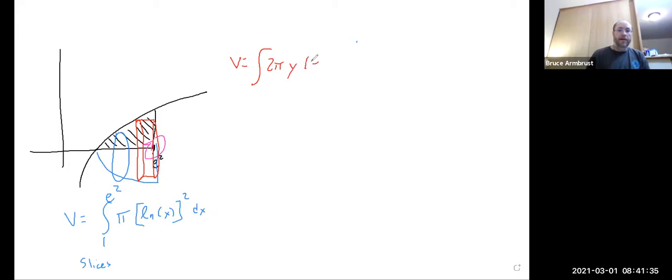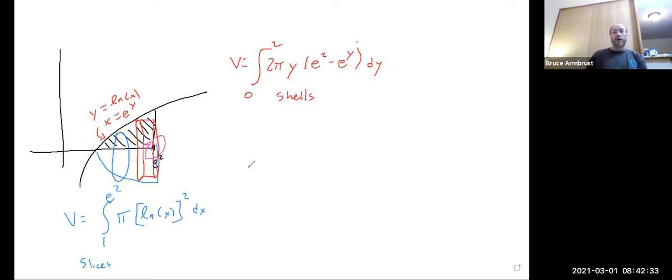The height, that's e squared minus e to the y. Because if this is y equals natural log of x, if you solve it for x, it's x equals e to the y. So the height of that cylindrical shell is going to go from e squared down to e to the y. So there's our 2 pi RH, and then we need a dy. And then the bounds on this integral, the y values that cylinders take on, go from 0 up to this guy, which is going to be 2. Because if we're at e squared, that's y equals 2.